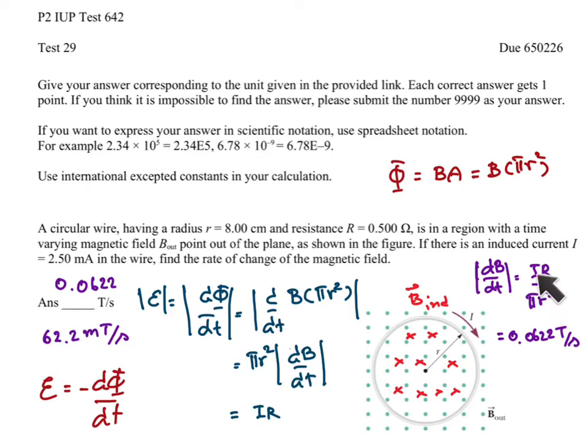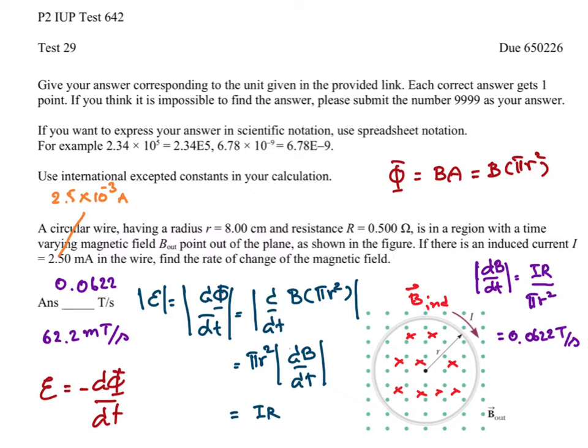Okay, and we know all numerical values here. We have I equal to 0.5 milliampere. Again, we need to convert this into the base unit, which is 0.5 times 10 to the minus 3 ampere.